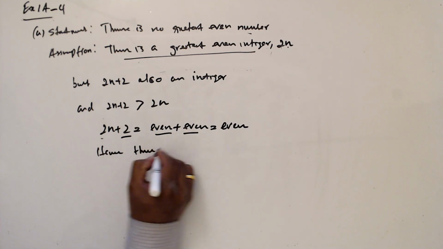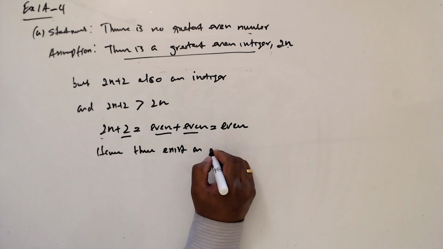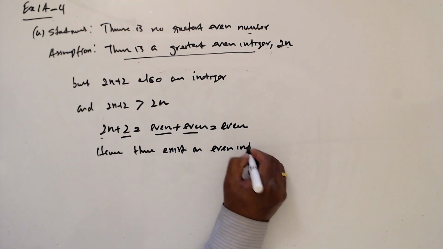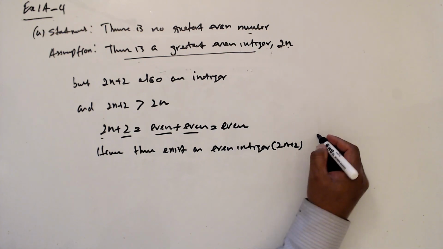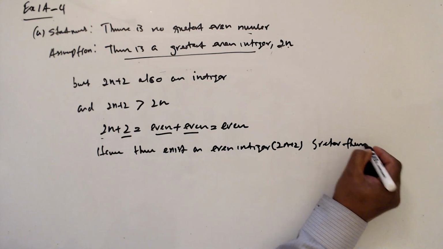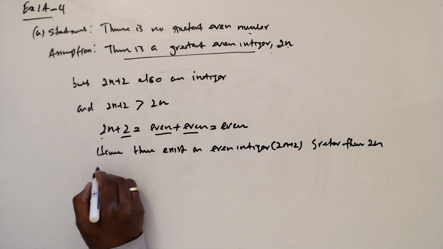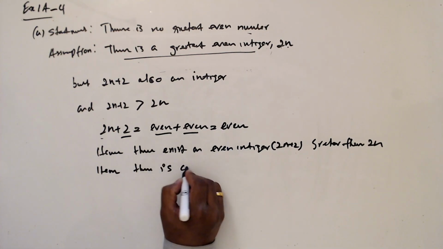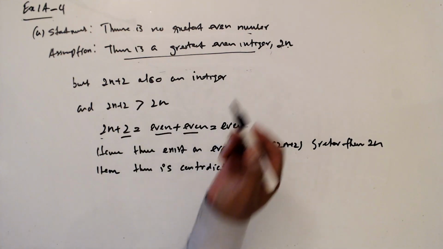Hence there exists an even integer 2n plus 2 greater than 2n. So this contradicts the assumption that 2n is the greatest.